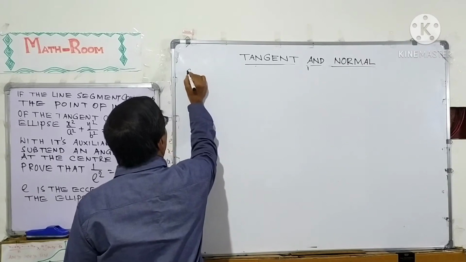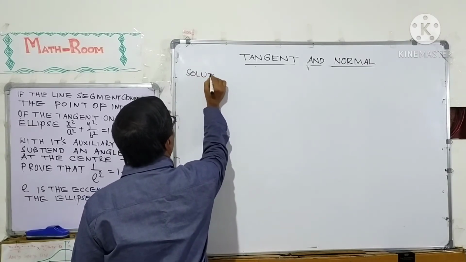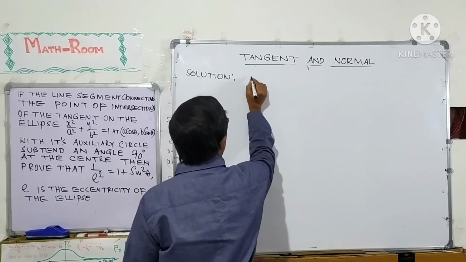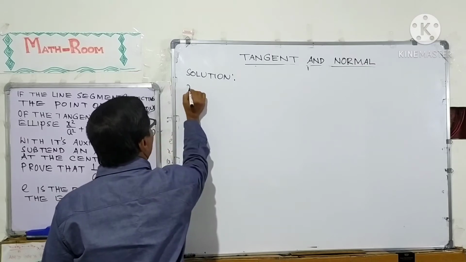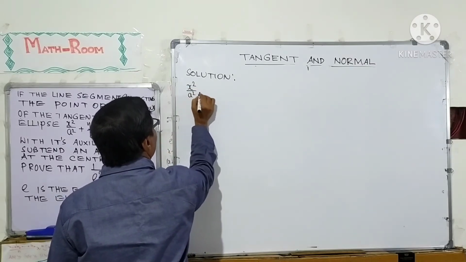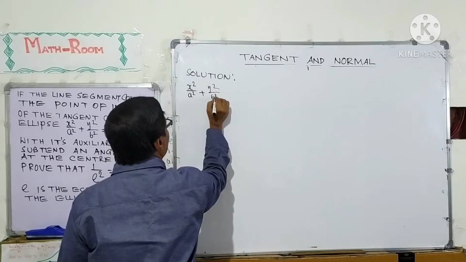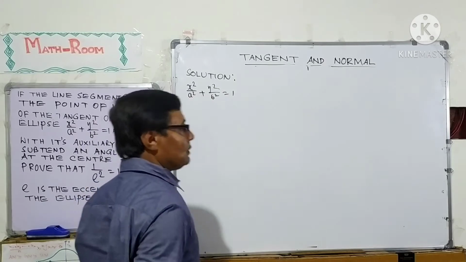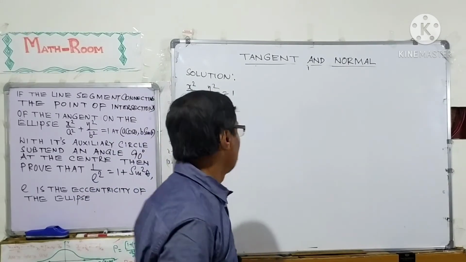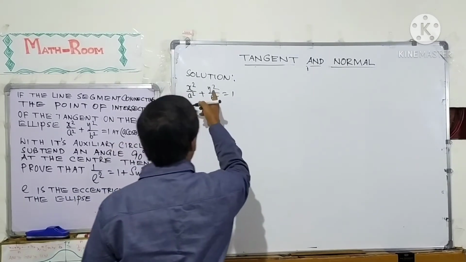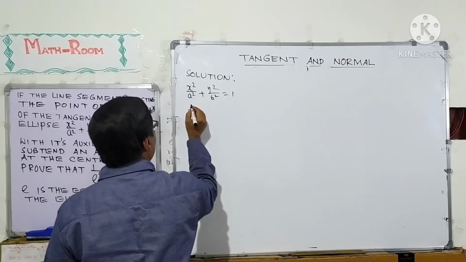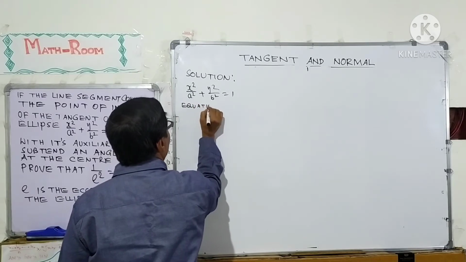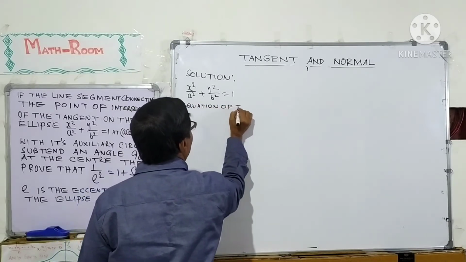Here the equation of the ellipse is given as x square over a square plus y square over b square equals 1, and we can derive the equation of the tangent at (a cos theta, b sin theta) to the ellipse.